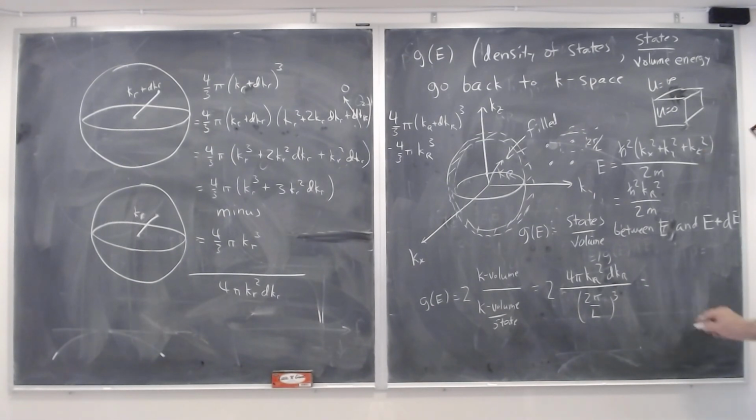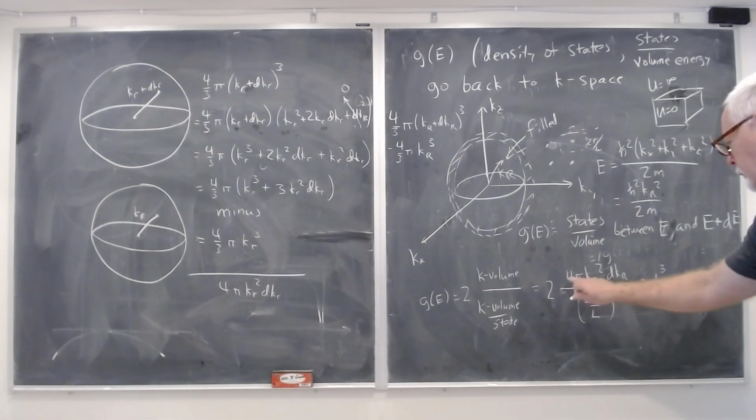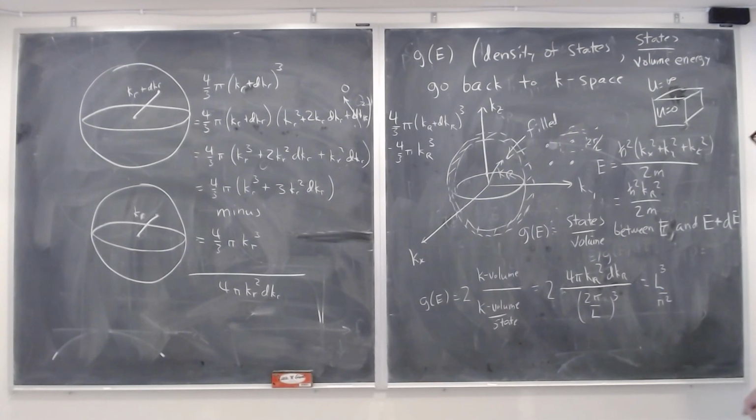So that's equal to L cubed over pi squared, 2 times 4, that erases that one, k_r squared dk_r.